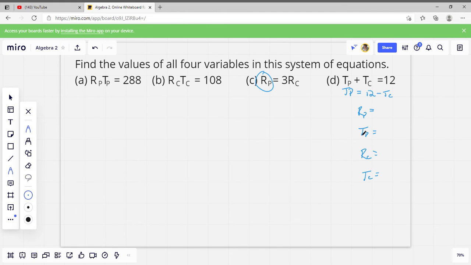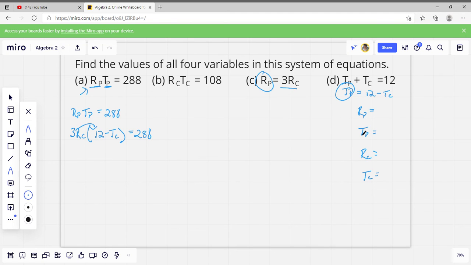There's TP isolated. Here is our base equation: RP TP equals 288. RP is 3RC, so 3RC times TP, which is 12 minus TC, equals 288.